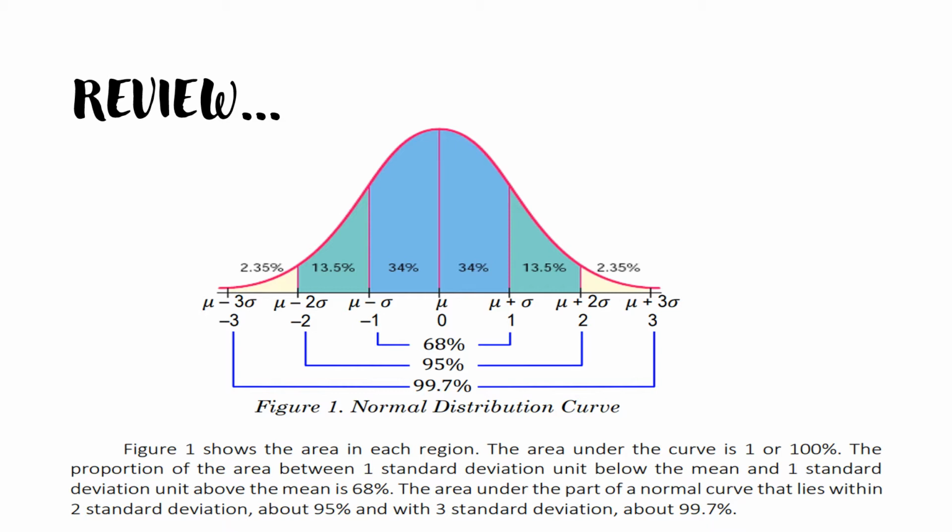At the horizontal base of the curve, we find z values. Please do take note of this, that there are only 6 z scores allowed in every normal curve. The z value or the z score is the number of standard deviations that a particular x value is away from the mean.